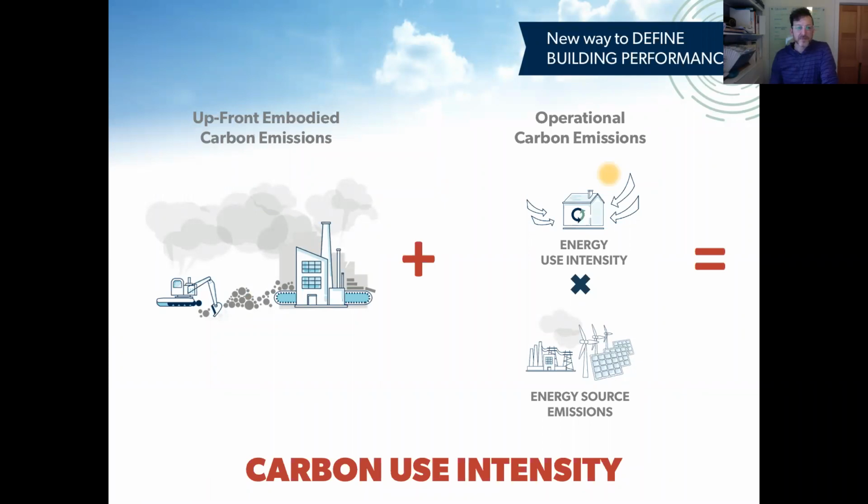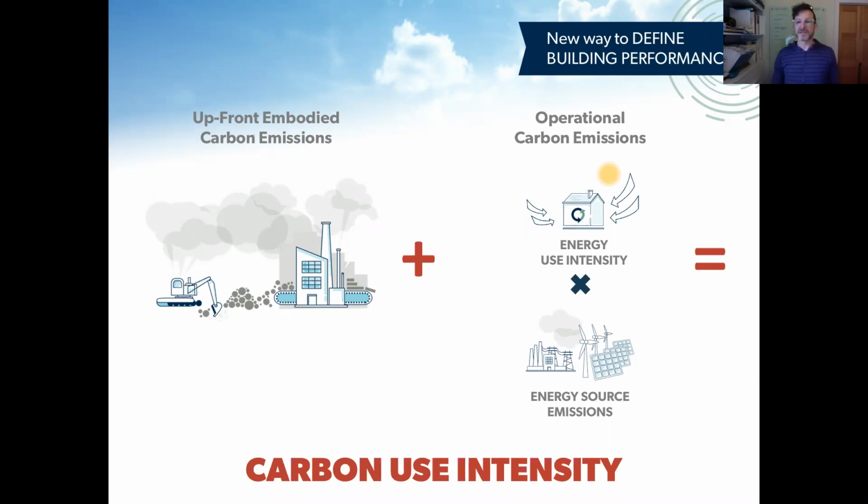So just to wrap up, I'm really hoping that all of this makes you think that you might want to broaden the way you look at the carbon footprint of a building. So to think about a carbon use intensity that includes the materials and that upfront bunch of emissions with the operational emissions, that isn't just an energy efficiency number, but is an actual carbon footprint number based on the kind of energy that's being used at a certain level of efficiency.